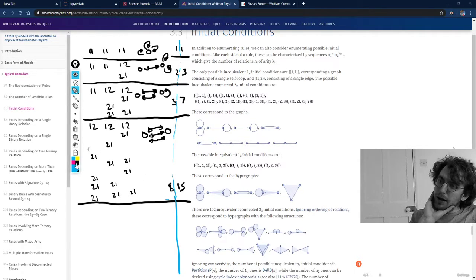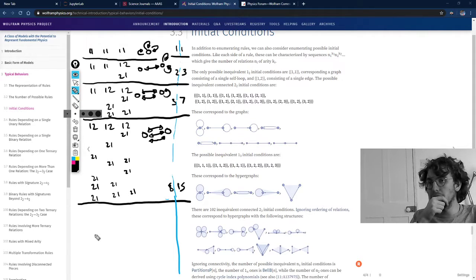Then what are we going to get next? Oh wait, I'm not sure that we do get all of these, because I think we only get 4 of these, sorry, because everything else is just a relabeling of 1 and 2.